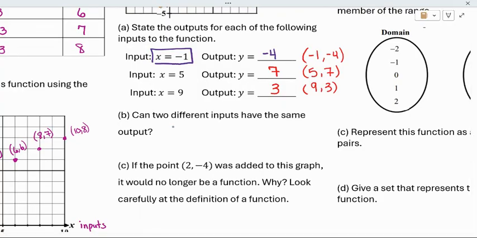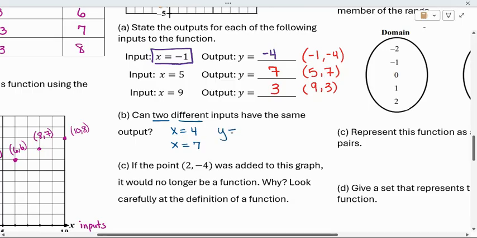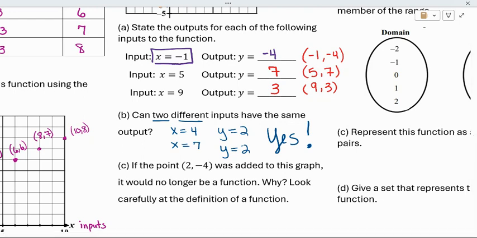If I let x equal 4 and I let x equal 7, can they have the same output? y equals 2, y equals 2. And the answer is yes. Two different inputs can have the same output. The answer is yes.